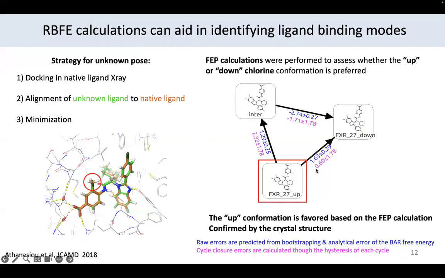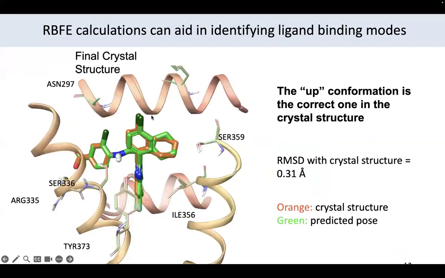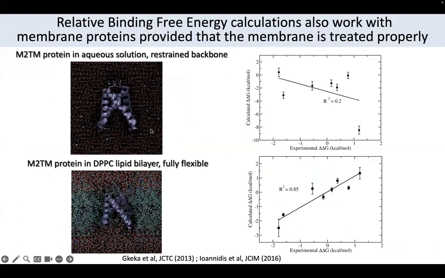We concluded through this closed thermodynamic cycle that actually the chlorine position would be favored here. And indeed, when the crystal structure came out in this D3R challenge, we could predict it with an RMSD of 0.3. You see that in green is our predicted pose, and the orange is the crystal structure. So we have a very good agreement.